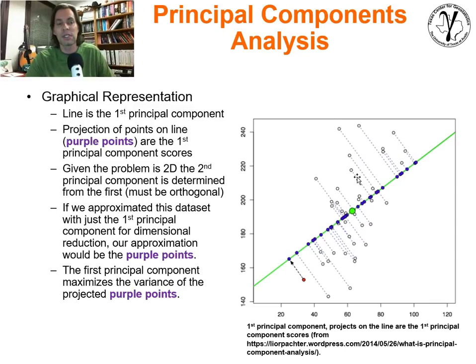It has no influence. So we are projecting the original data, these circles, onto the first principal component. If we retain only one principal component, we can only represent things on this line. And so our reduced dimensionality problem that now is representing as much variance as possible is going to be these blue circles represented on this one principal component.